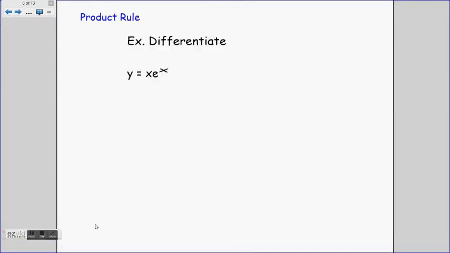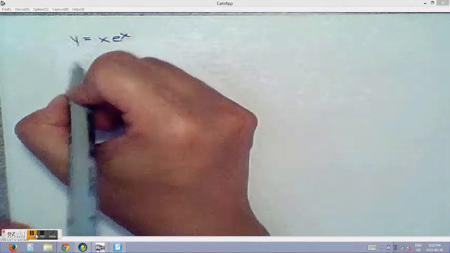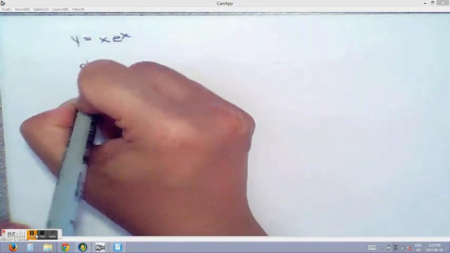Let's take a look at using some of our derivative rules in order to differentiate exponential functions. So let's look at using the product rule. Example, y equals x e^x. If we wanted to differentiate this function, dy/dx, it's the product rule.